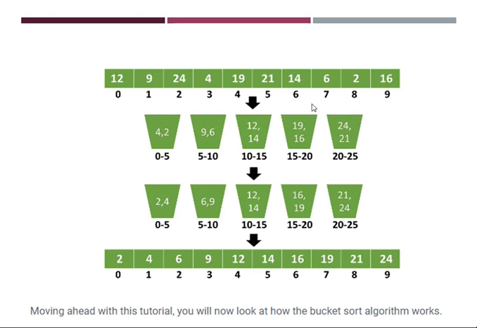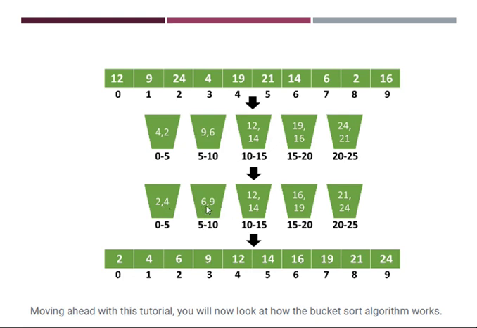Now that we have placed all the elements in their proper buckets, we can individually apply a sorting algorithm to these buckets. Here we sort the elements within each bucket using any sorting algorithm. So from 0 to 5, 2 and 4 have been sorted.